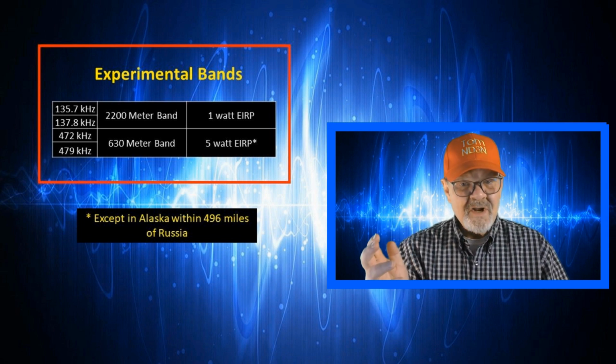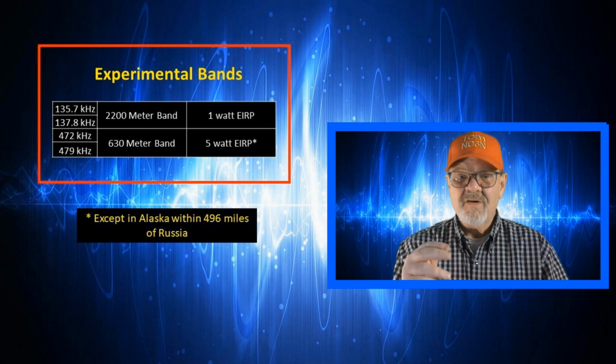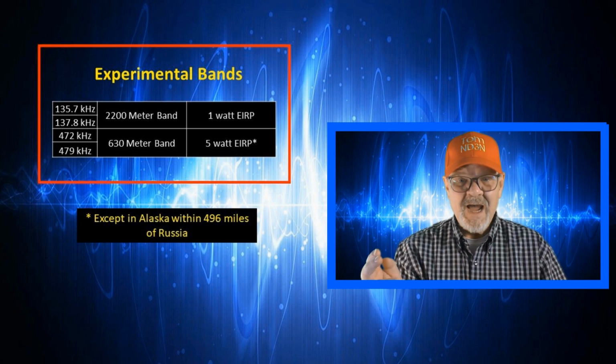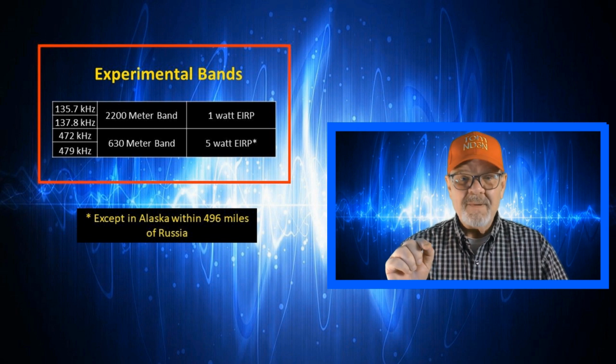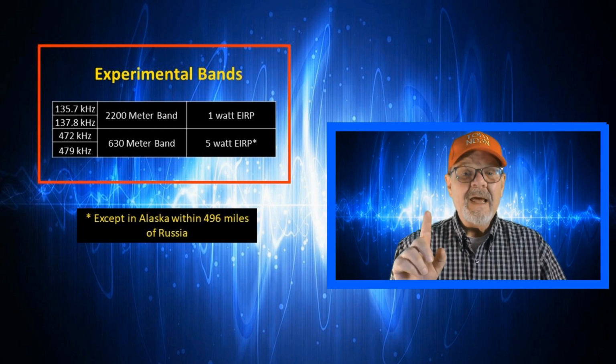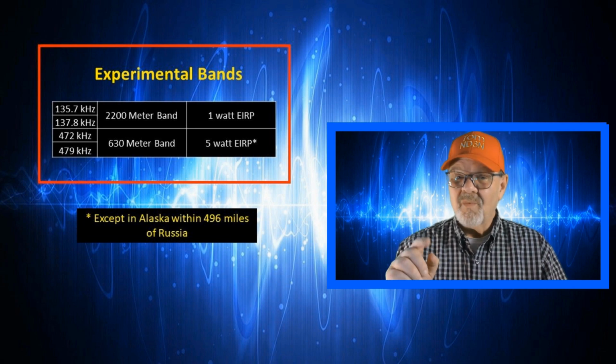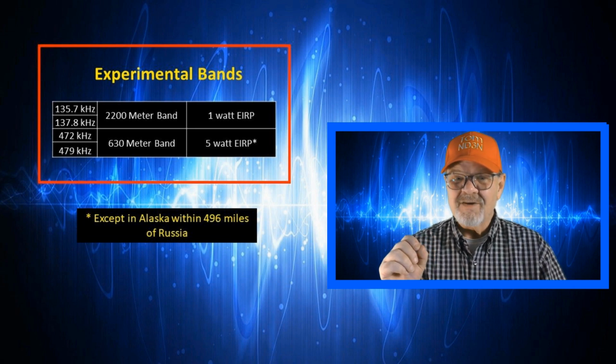The 630 meter band runs from 472 to 479 kilohertz and has a 5 watt EIRP maximum power limit, except in Alaska within 496 miles of Russia.